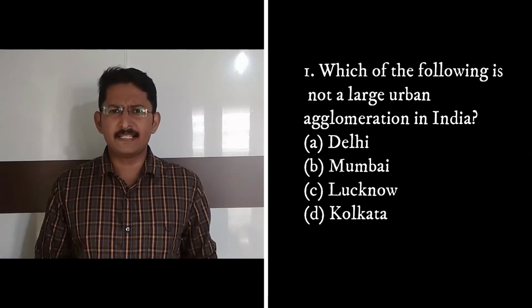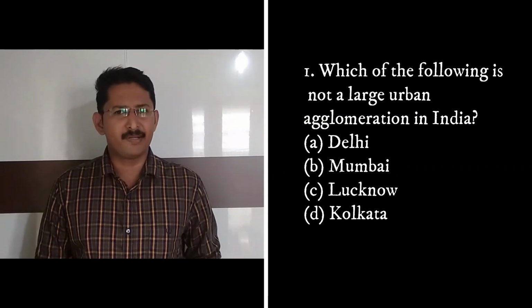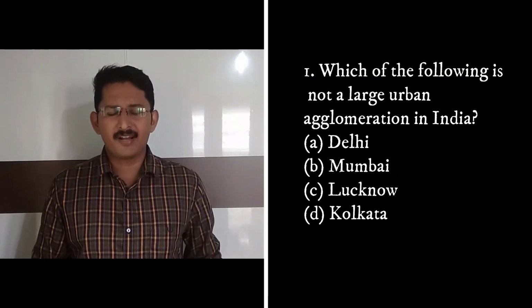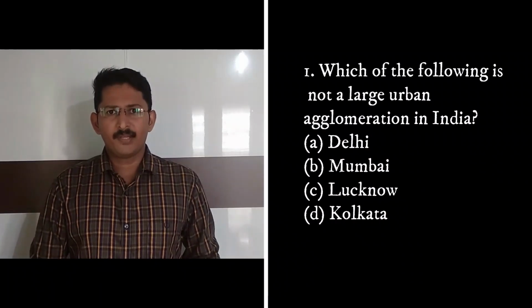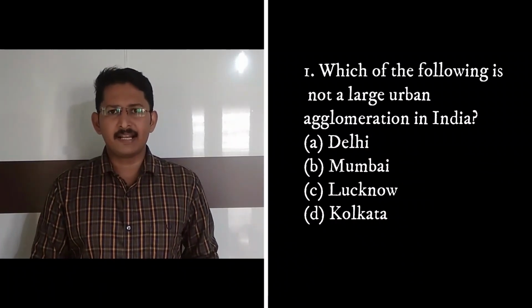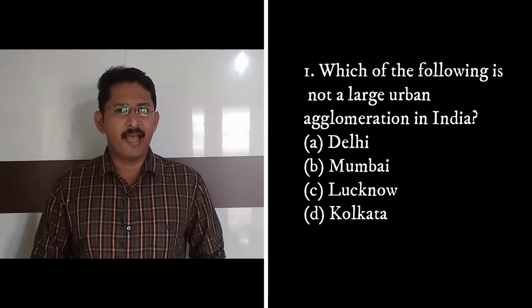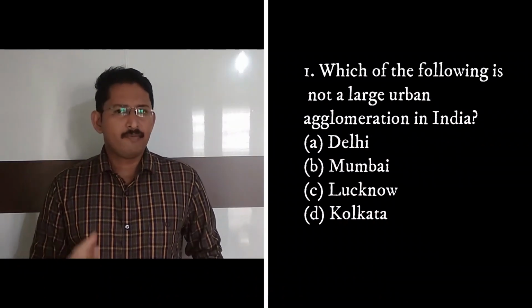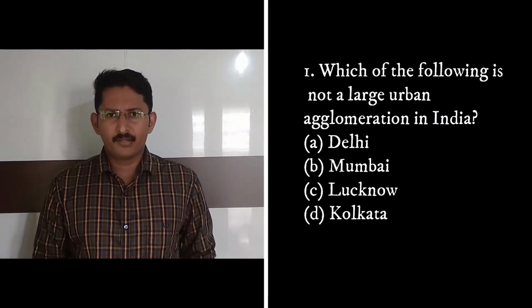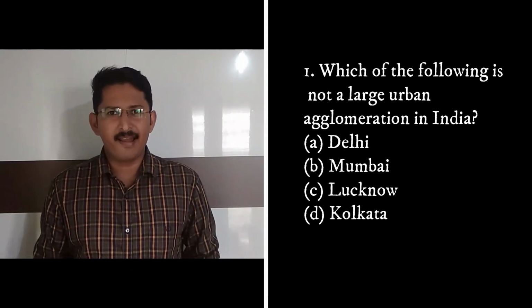Every facility put together in a particular town or urban region can be called an urban agglomeration. So here in this question we have a problem, because all these cities are there in the list of urban agglomerations, but at the same time, we have to choose one. When we compare all these four, we can choose the one which is not that large.